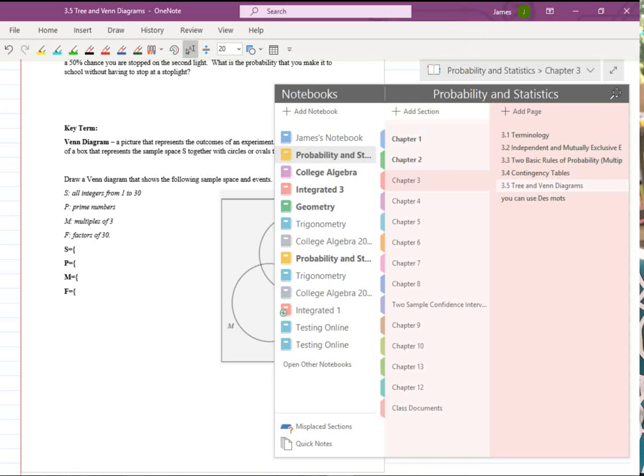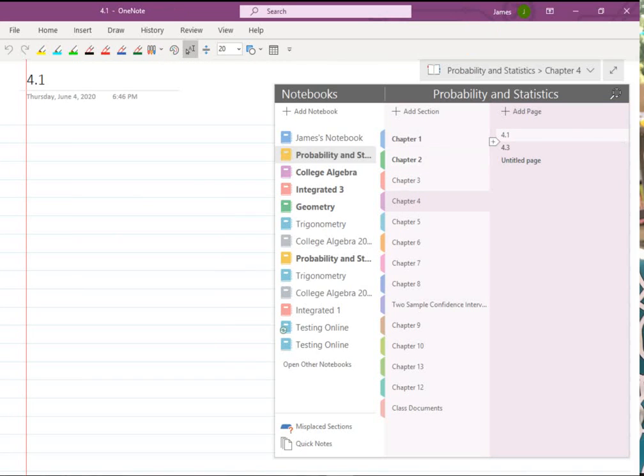In chapter 4 there are actually going to be 3 sections that we talk about, though the textbook has about 7. Chapter 5, only 1 section. Chapter 6, I think 2 sections. Chapter 7, 1. Chapter 8, 3.